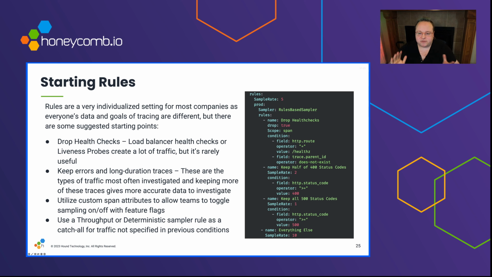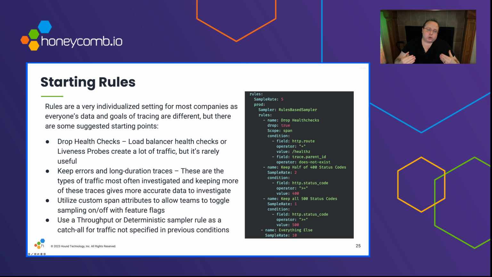This stuff is important right now. And when you're done with whatever that event is, you toggle that feature flag back off, and the traces will pass over that specific rule.